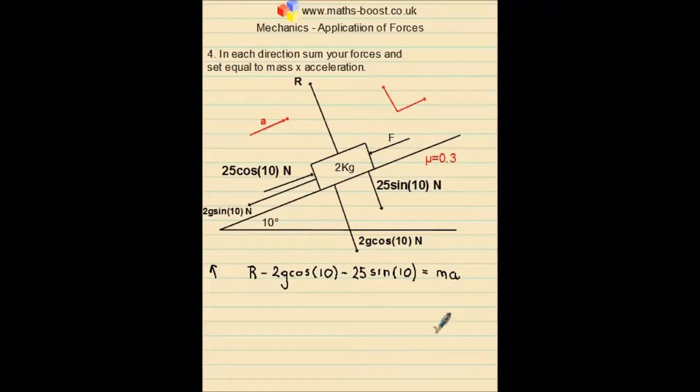Now in this direction, the vital piece of extra information we exploit is there is no acceleration. It's zero, since in this direction, the object isn't leaving the surface of the plane.